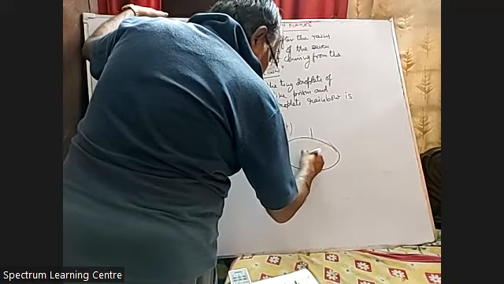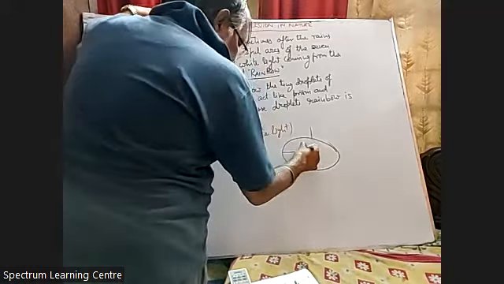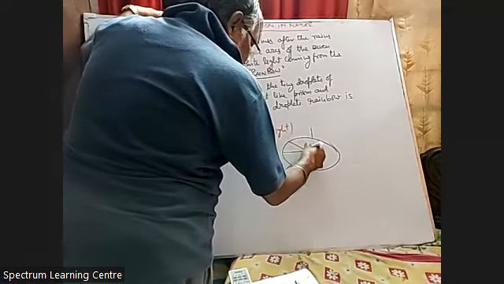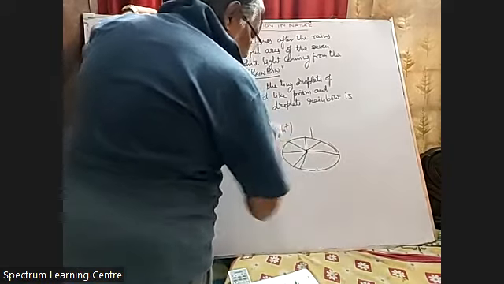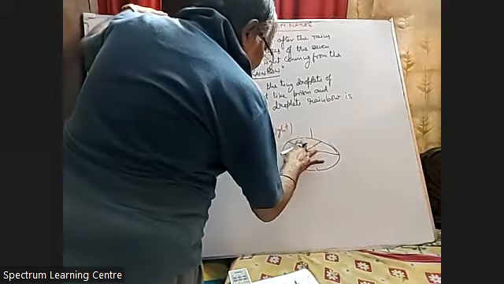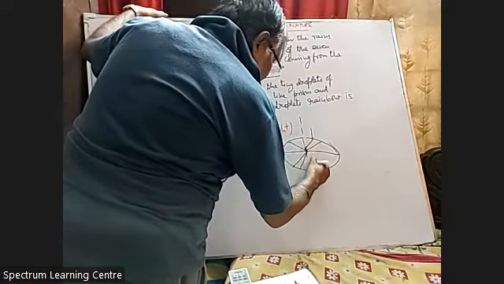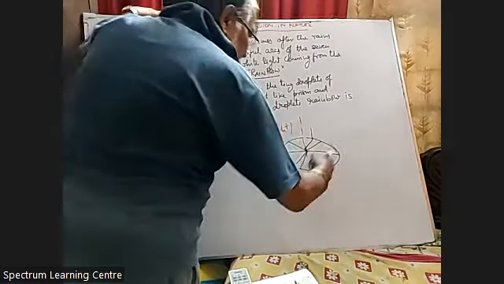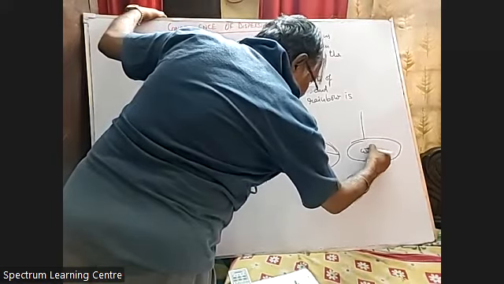This disk was painted into 7 segments, 1, 2, 3, 4, 5, 6, 7, and this was the axis of the disk. When it was rotated, it appeared to be totally white.